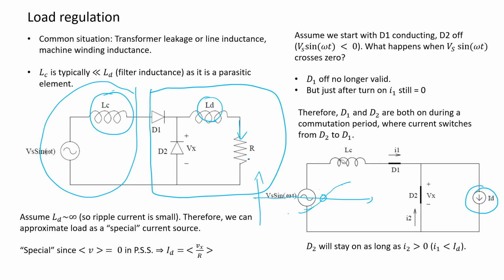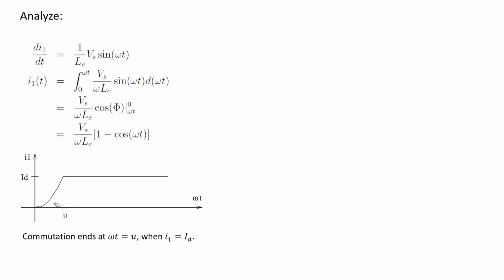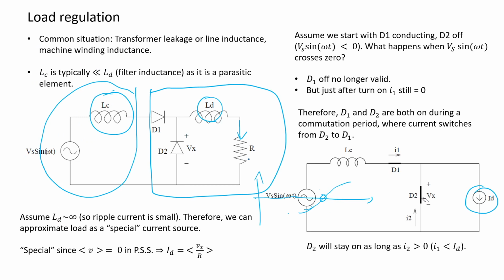But if you have an inductor here, the current just goes up slowly, like this, before it reaches ID. So it means, how can you get ID here? It means current must flow through D2 a little bit, right? Because I1 is less than ID.